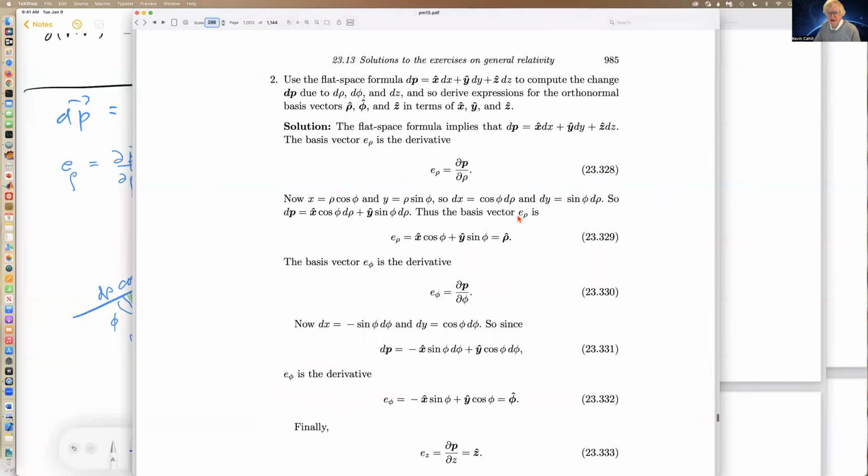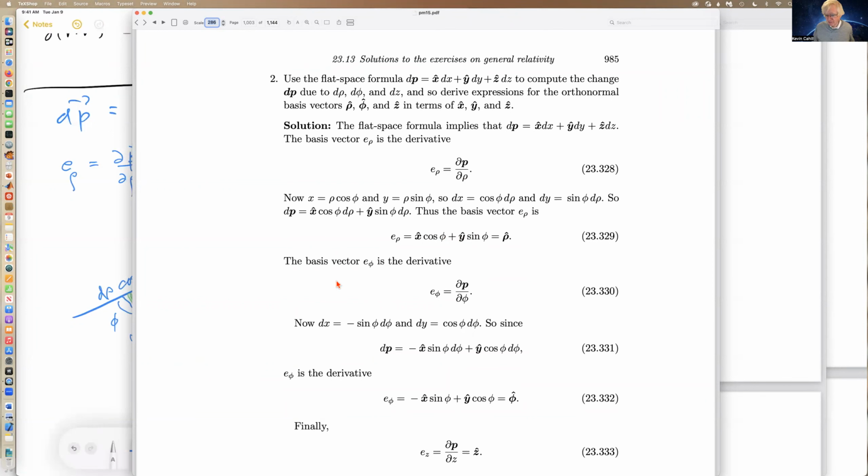Well, I've skipped ahead too much here. The change in x is cosine phi d rho. The change in y is sine phi d rho. And so the change in the point is x hat cosine phi d rho plus y hat sine phi d rho. So the basis vector e rho, which is how the point changes when you change rho, is x hat cosine phi plus y hat sine phi.